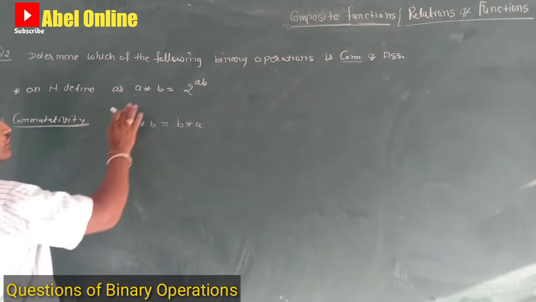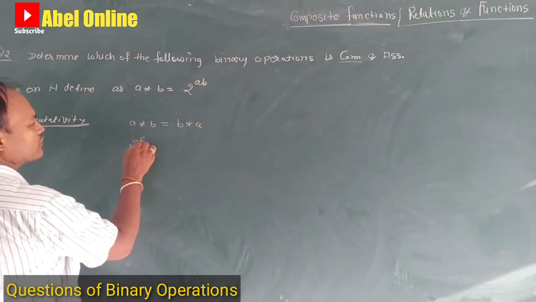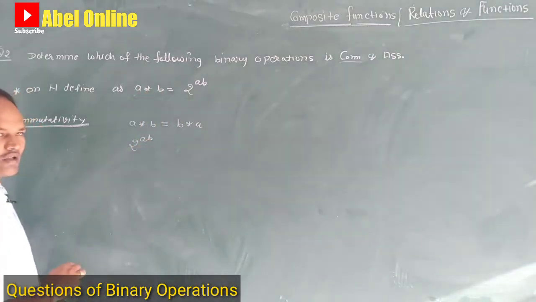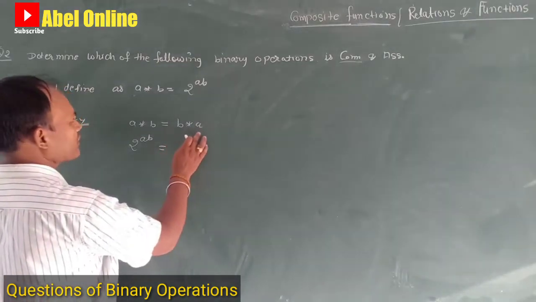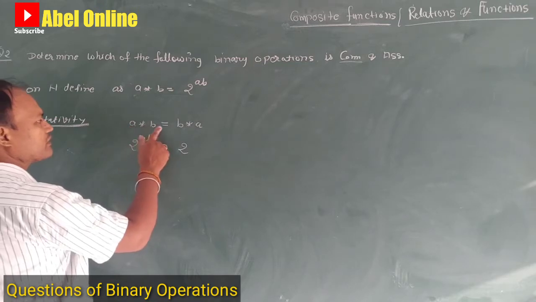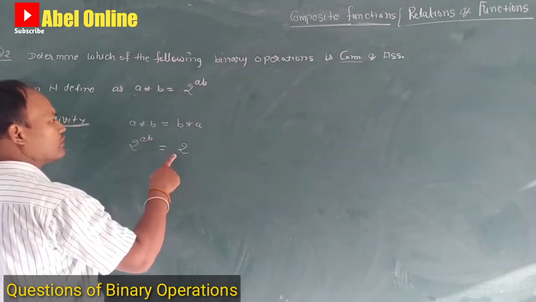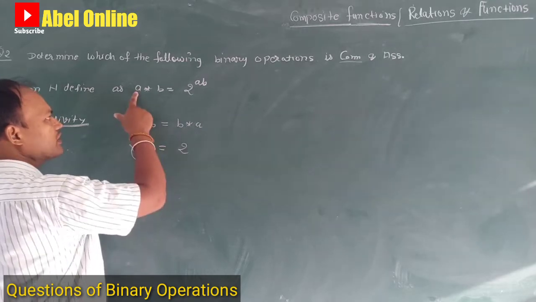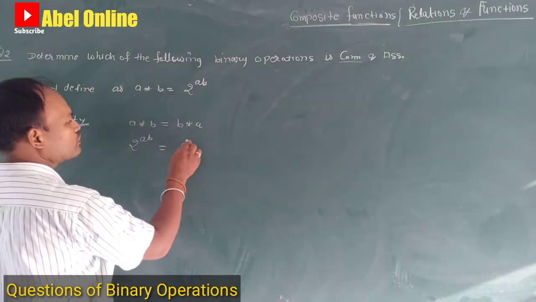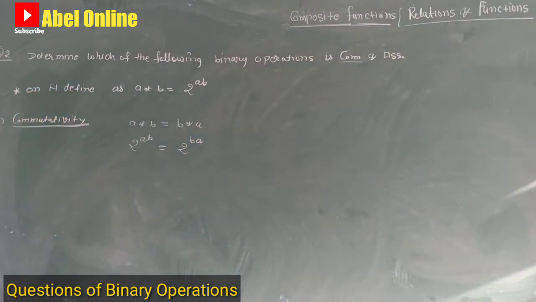Just look here: a star b should be equal to b star a when we are talking about commutativity. The value of a star b we can write as e to the power ab. And for b star a, when a star b is e to the power ab, put b here and a here, so we get e to the power ba.